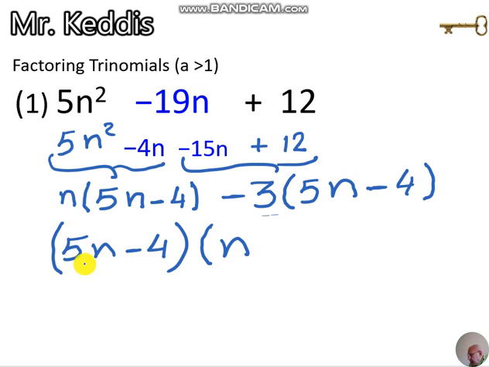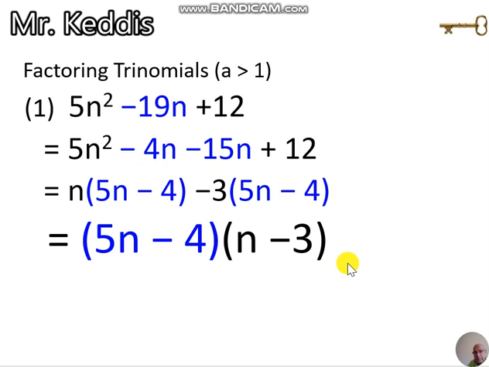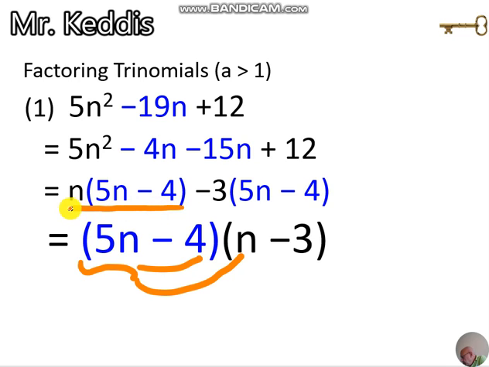When you multiply 5n minus 4 times negative 3, I get the second term. Please pause and take notes.